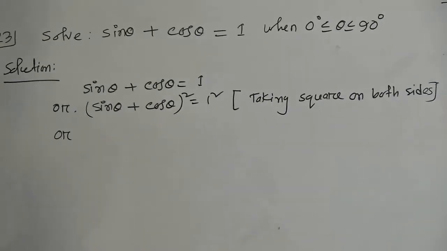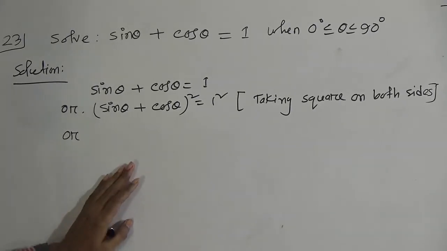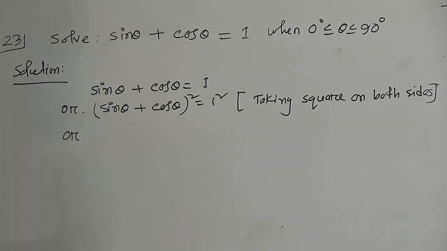Now we know the formula of (a plus b) whole square. Now apply that formula in here.